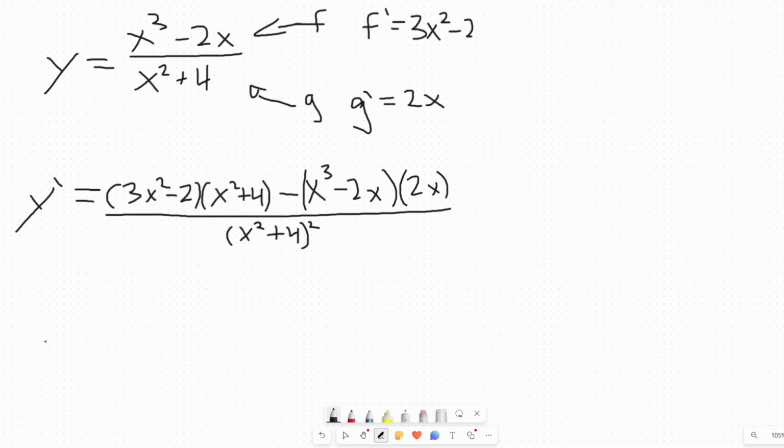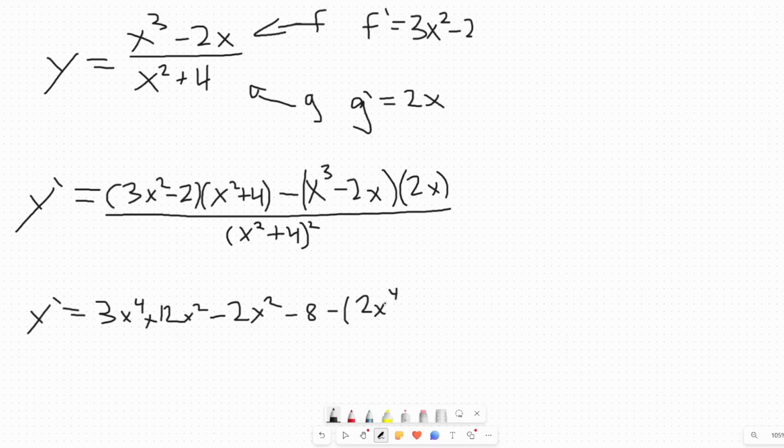Okay, so we can simplify that. We have 3x to the 4 plus 12x squared minus 2x squared minus 8, and then minus, if you keep this all in brackets, 2x to the 4, right?